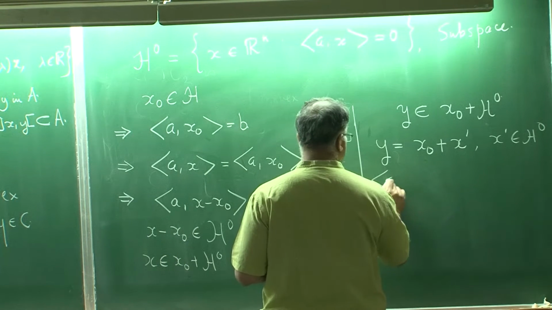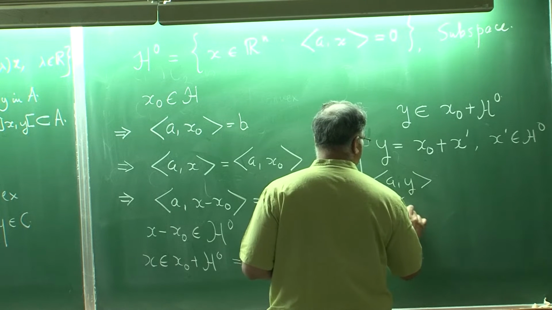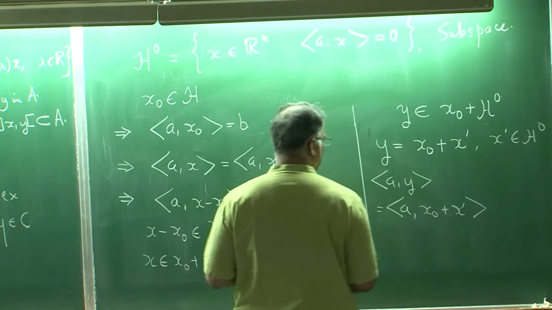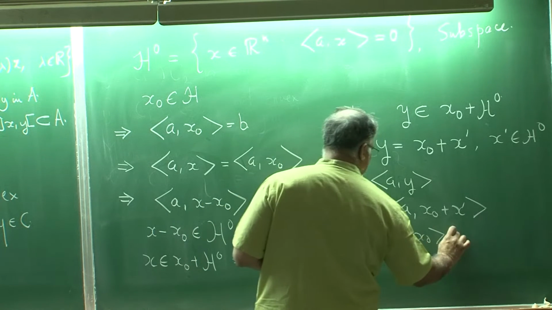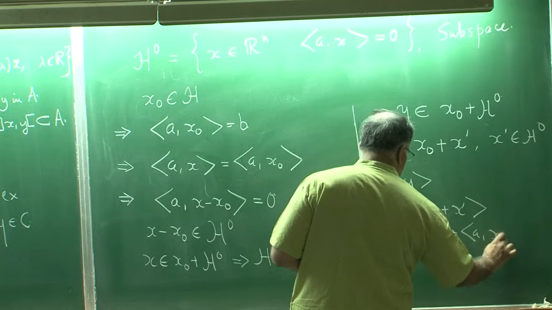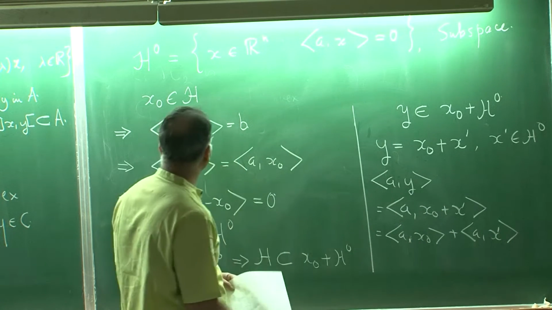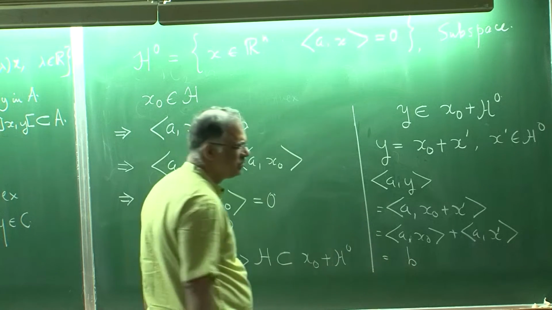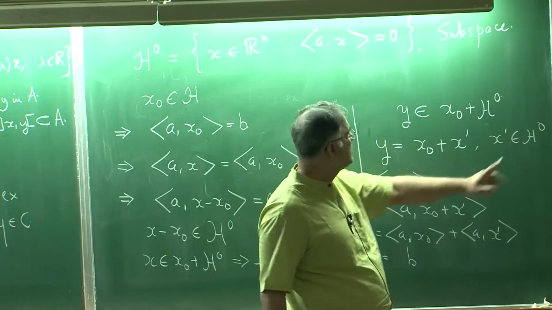So, let us see what is A of y. A of y is equal to A of x naught plus x dash, which is the same as A of x naught plus A of x dash. Now, you know that A of x naught is B because x naught is already in H, plus A of x dash is 0 because x dash belongs to H naught.